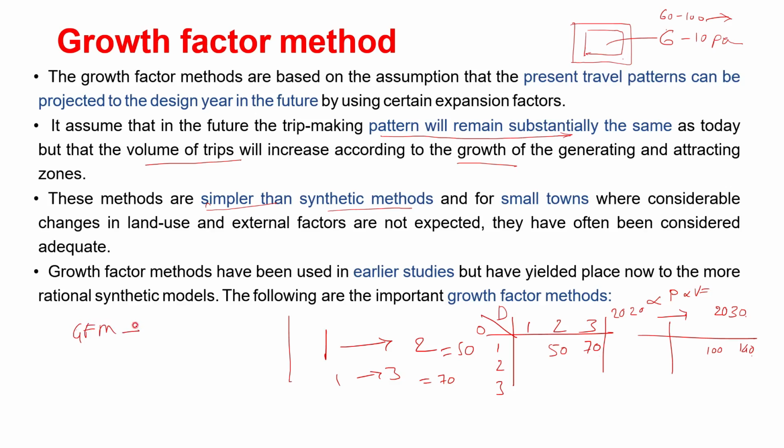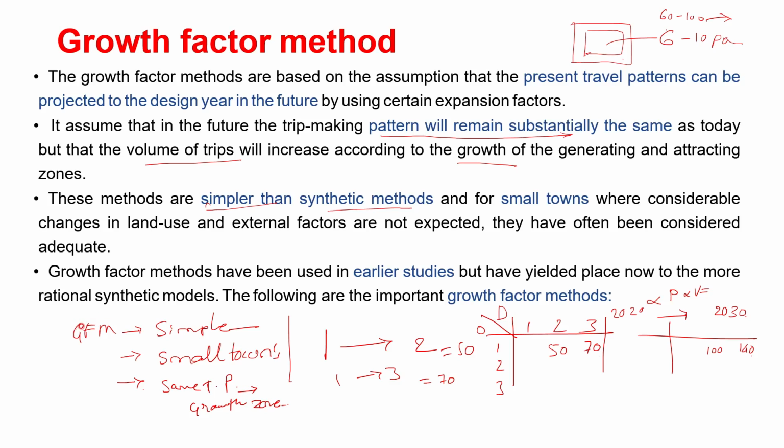It is adopted for small towns and applied with the same travel pattern, but the growth of different zones is considered for calculating the factors which we multiply to calculate the future trips.